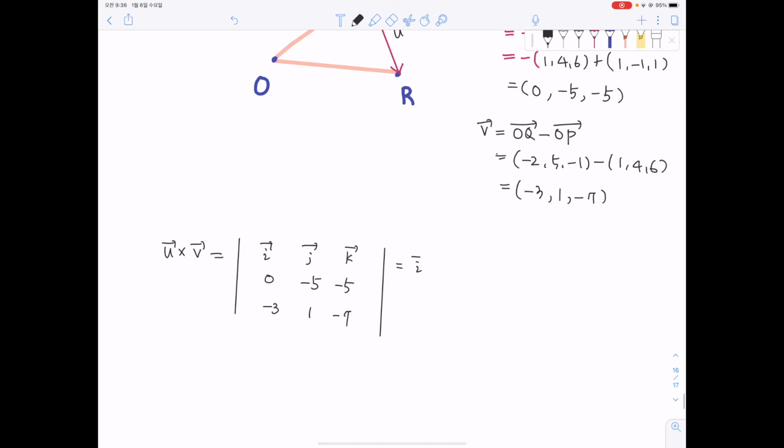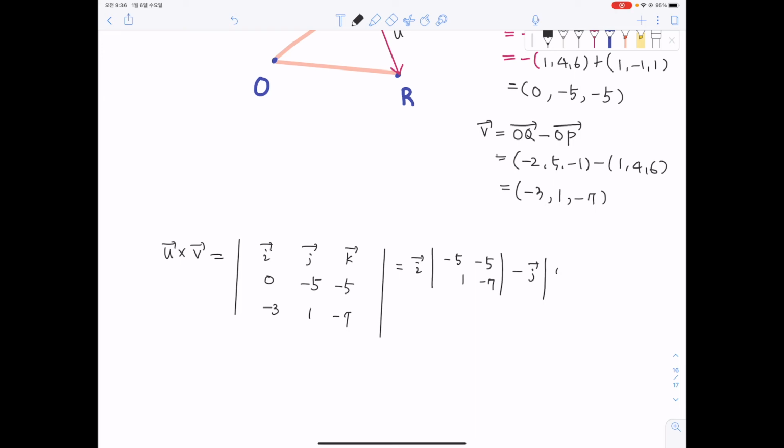So it is i times (minus 5 times minus 7 minus minus 5 times 1), minus j times (0 times minus 7 minus minus 5 times minus 3), plus k times (0 times 1 minus minus 5 times minus 3).